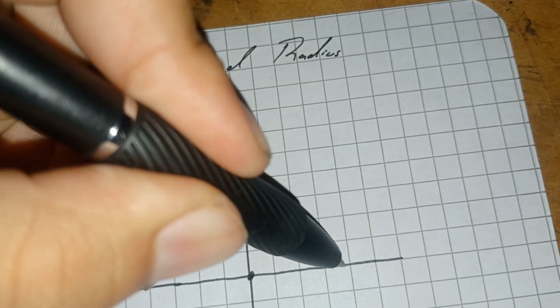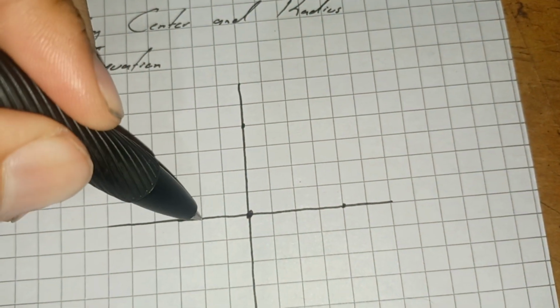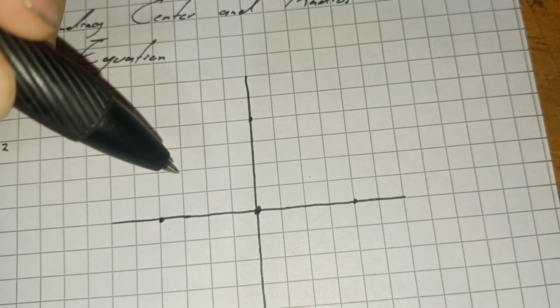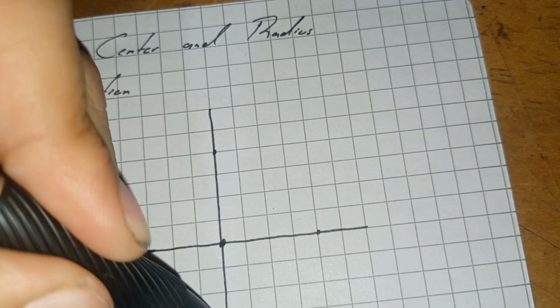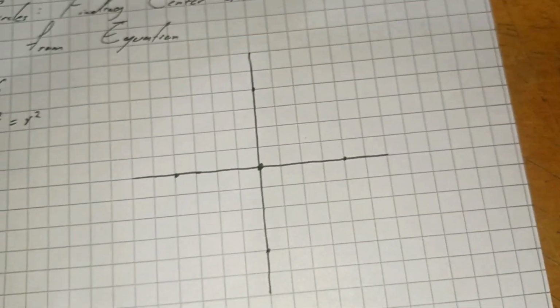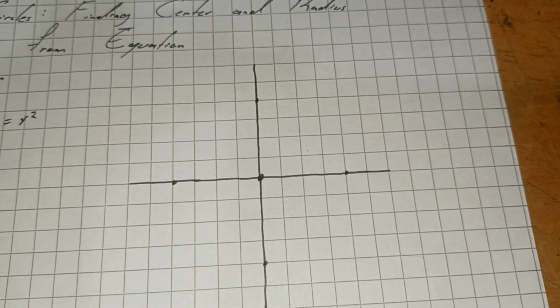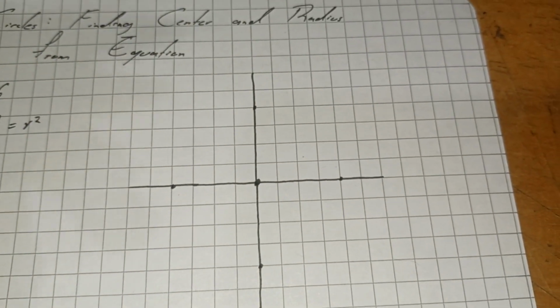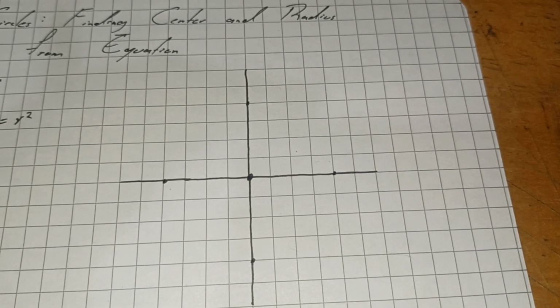We do that in each direction. Remember, the radius is basically half of the diameter. So what we're going to do now is just sketch the circle. I'll be right back. I'm going to sketch this real quick, and I'm going to pause this right now.